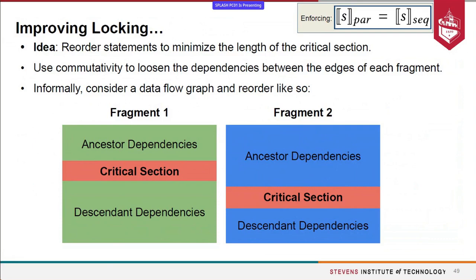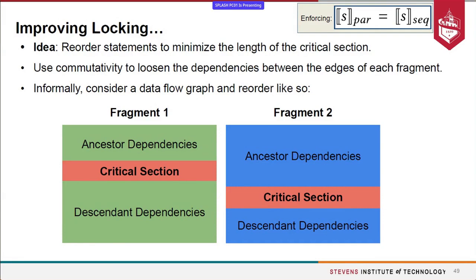So we can just identify the critical section for each fragment, and using just a traditional data flow analysis, separate the things that have to happen before the critical section and then after the critical section, and then only lock on the critical section. The advantage here being that we have fewer dependencies than normal that would otherwise exist from the first to second fragment.